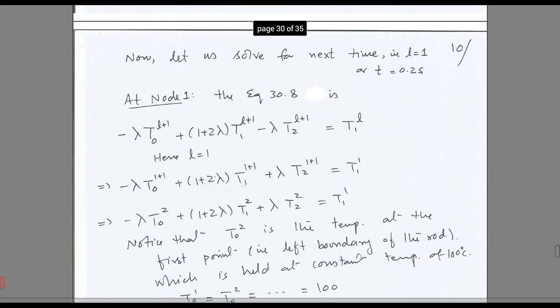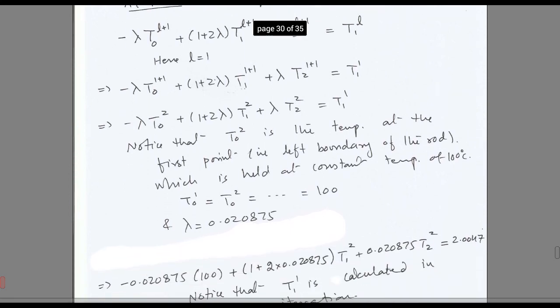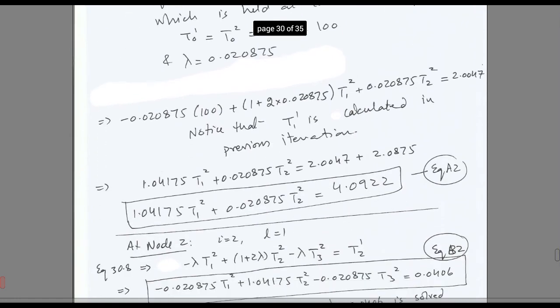Now let's solve for the next time. For the next time, l will become 1 and t equals 0.2. Node 1, equation 30.8. The first equation comes like this.